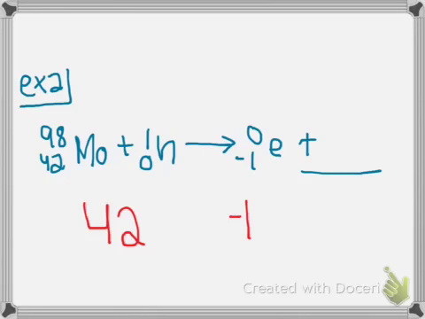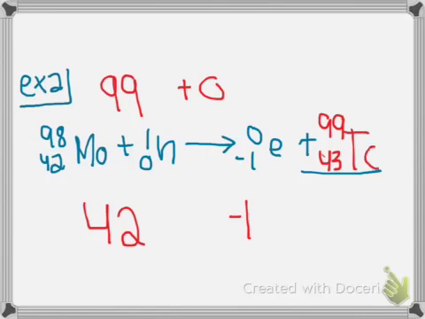So that means over here we need 43. And up top here we have 99 and 0 here. So 99 plus 0, 99. So if we look at our periodic table, the element with the atomic number 43 is technetium, which is Tc, and now you can check your work and balance it out. So 42, 42, and 99, 99. And so that is your transmutation reaction.